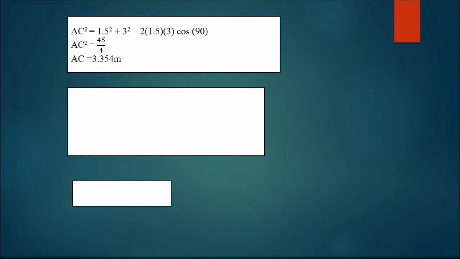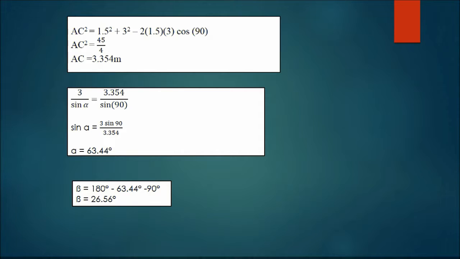AC equals 3.354 meter. 3 over sine alpha equals 3.354 over sine 90. Sine alpha equals 3 sine 90 over 3.354. Alpha equals 63.44 degrees. Beta equals 180 minus 63.44 minus 90 degrees. Beta equals 26.56.